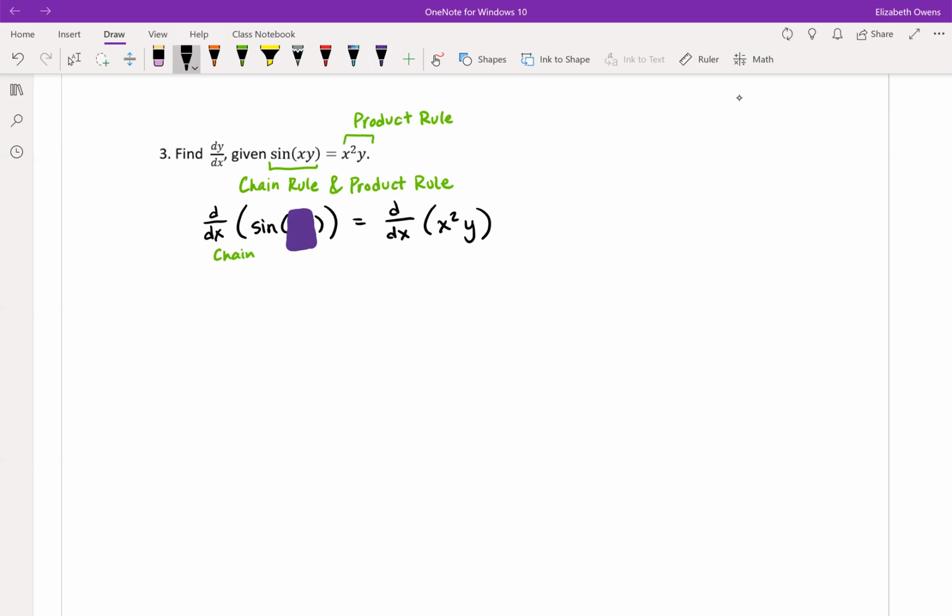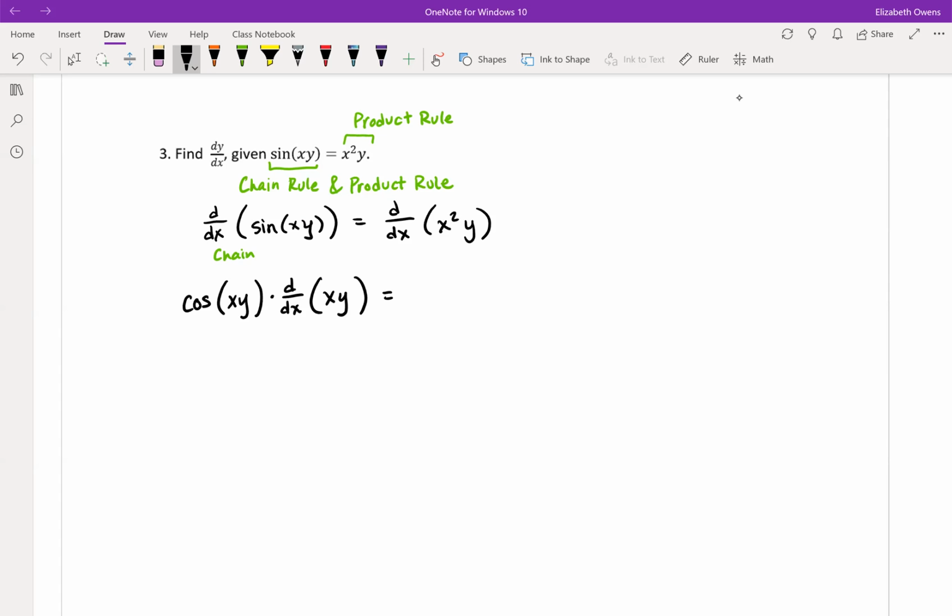So we're taking the derivative of sine, which is cosine, but just cosine of a purple rectangle for right now, times the derivative of the inside, which is currently the purple rectangle. So there's the chain rule setup. Now uncover and see that it's really xy that should go here and here.